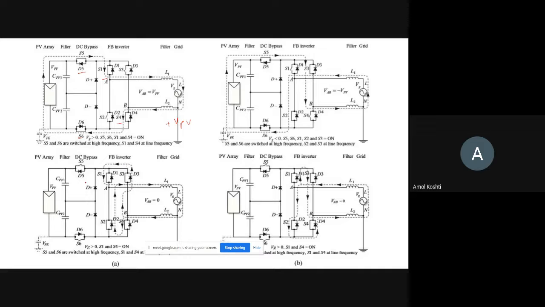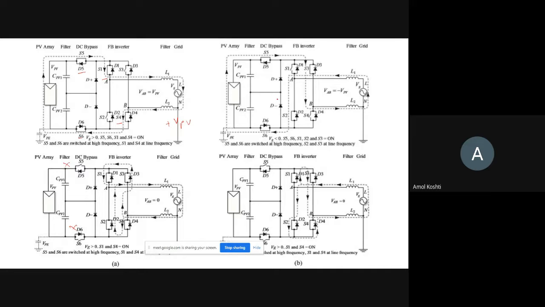Then now you just see this S5 and this S6 are now turned off. So whatever energy is stored in this filter inductor will be dissipated through these circular paths into those switches. And again the negative half is produced here.